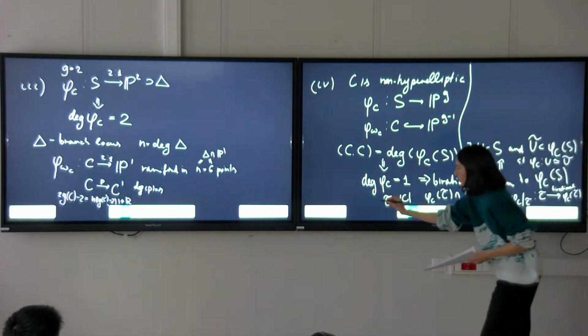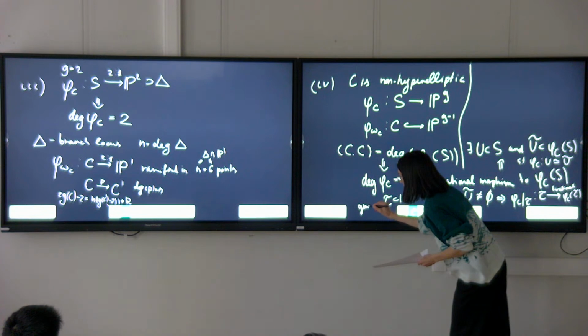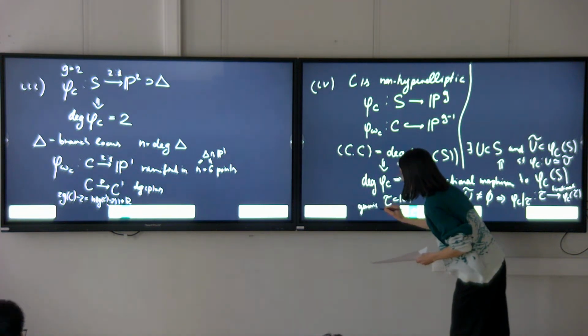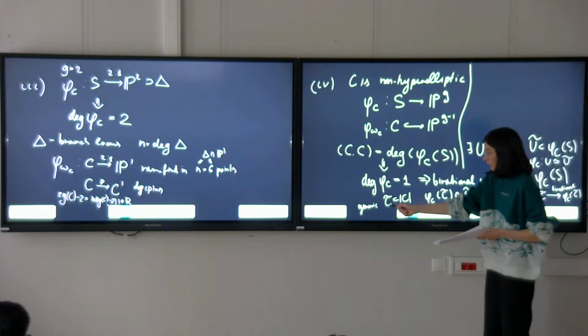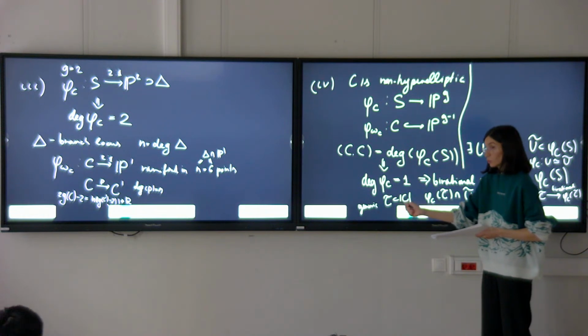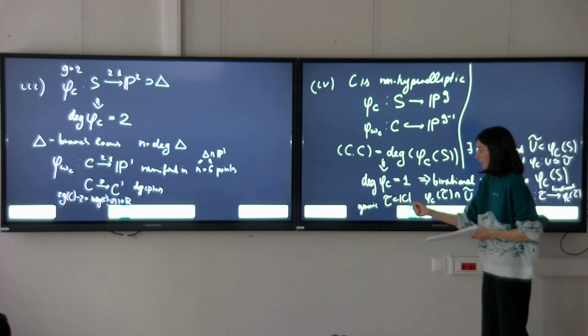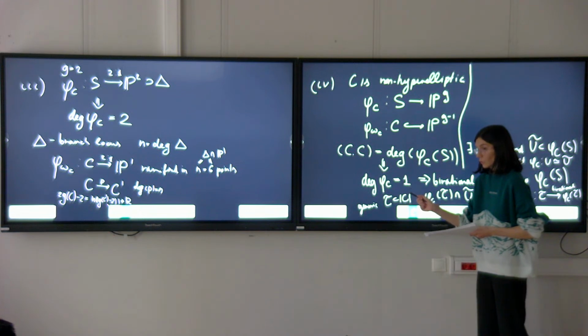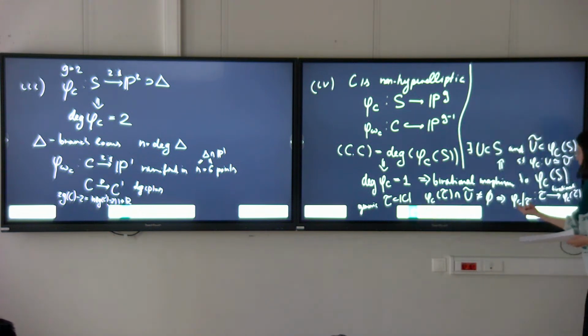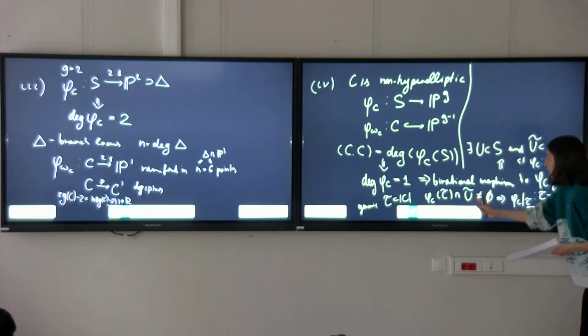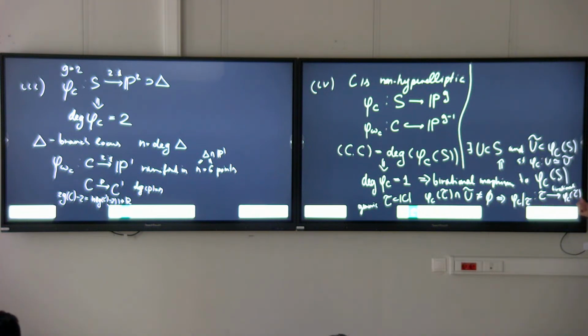No, it's general, of course. Generic curve. Okay. The statement was about a generic curve in this linear system. So I want to prove that a generic curve in this linear system is non-hyperelliptic. And so for a generic curve, we obtain that this is non-empty, and this map is birational. Yes, of course.